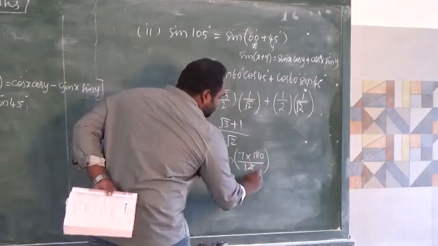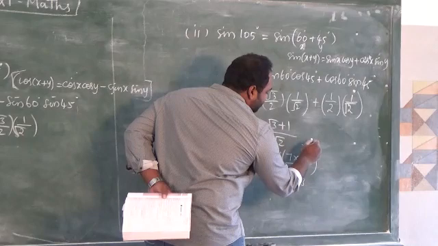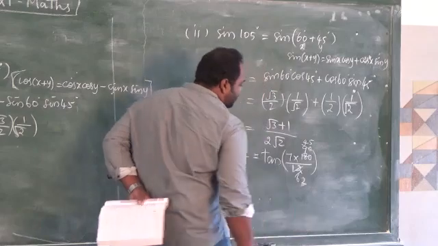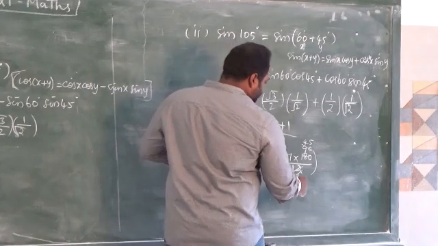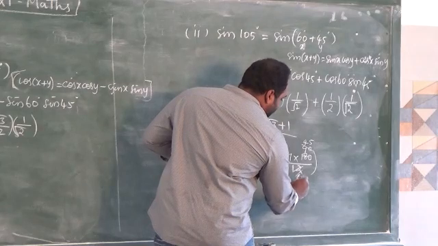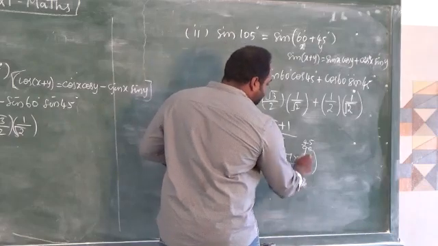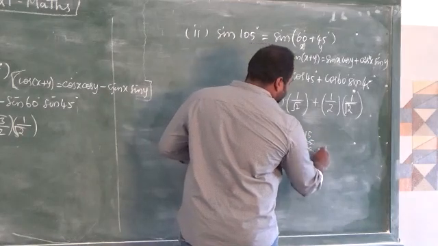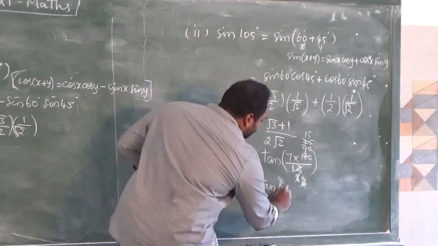If I cancel, 2 threes are 6, 3 times 45, 7 fifteens are 105.